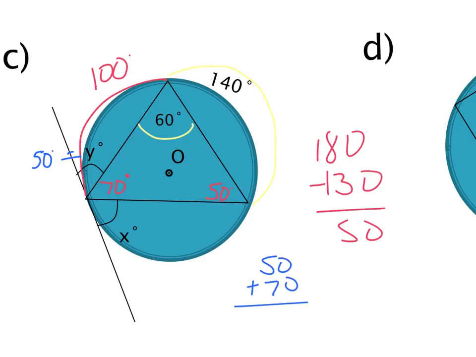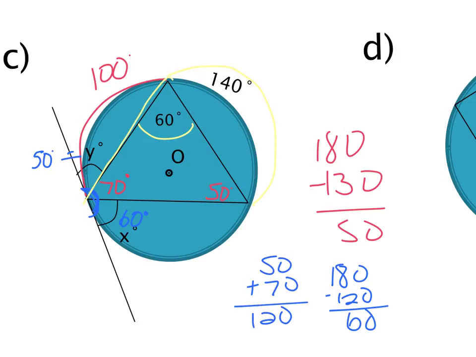So 50 plus 70 is 120, and then all three of these angles have to add up to 180. So 180 minus 120 is 60 degrees, which is x. Or you could have gone the other way. I could have used 60 degrees, double it to get this arc, which would be 120, and then the x is half the arc, which would be 60 degrees.